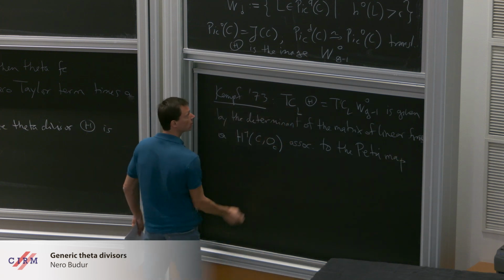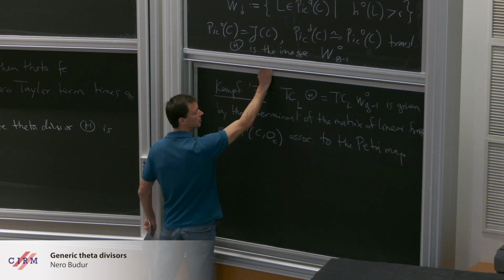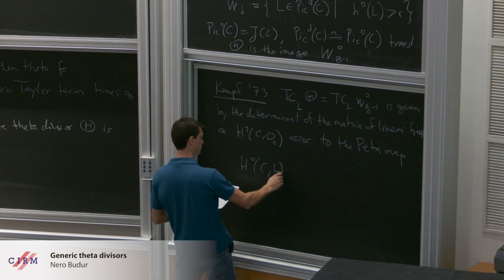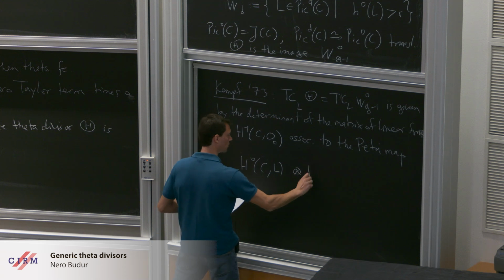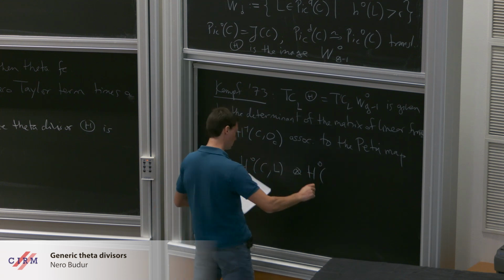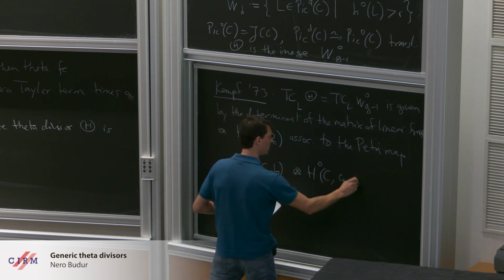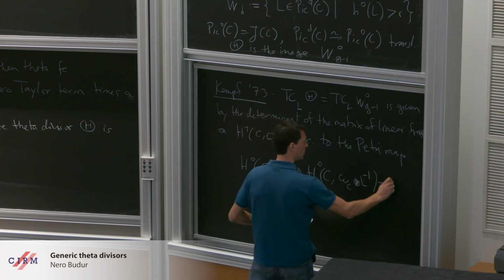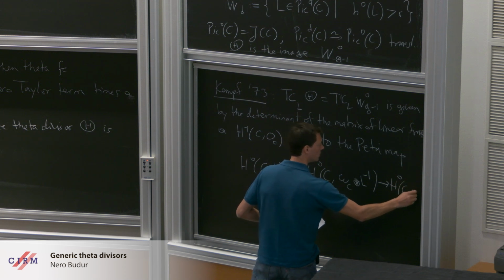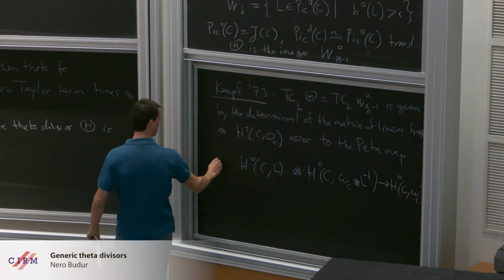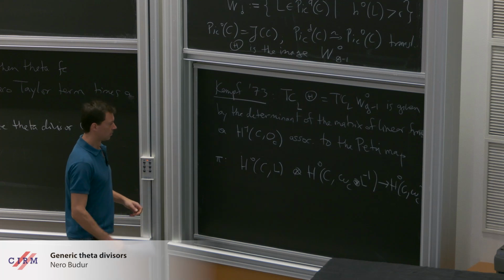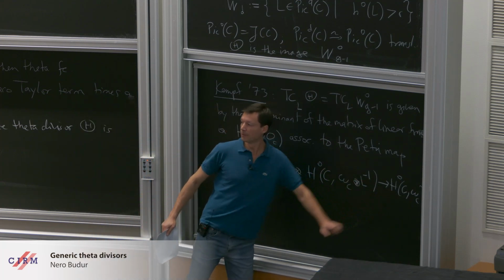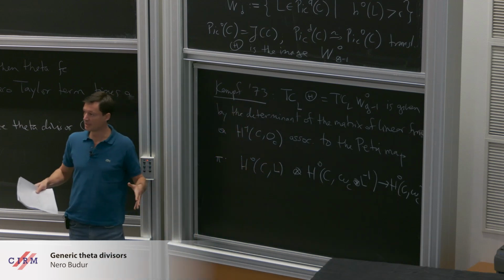And the Petri map is the following. Take H^0(L), multiply with H^0(ω_C ⊗ L^{-1}), and it goes to H^0(ω_C). This is the dual of the space here. How do you get a matrix of linear forms on this space?